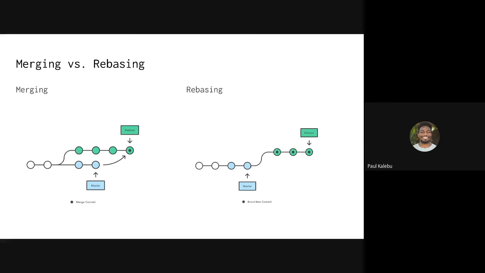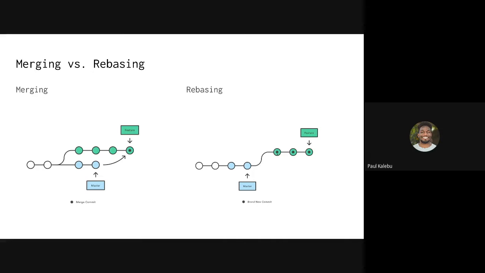A rebase essentially changes the base of this feature branch. So previously, these two white commits were the base of the feature branch. That's where the feature branch was built off of. But because we want to now reflect some changes that happened on the main branch, we call a rebase, which then changes the base of the feature branch to these two blue dots.